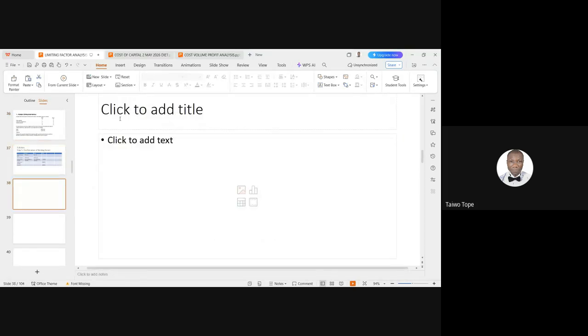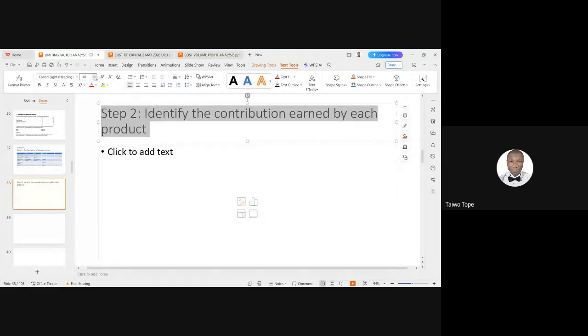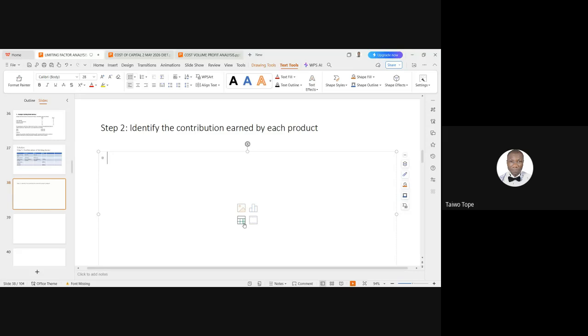So step two. Identify the contribution earned by each product.